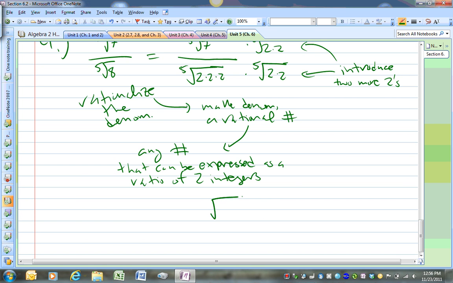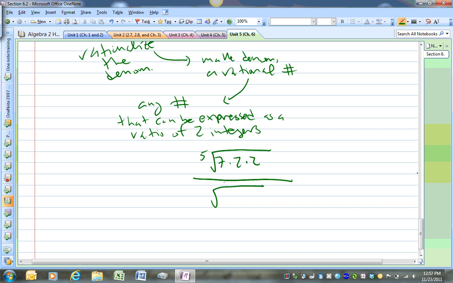You're going to have the fifth root of 7 times 2 times 2. On the bottom, we're going to have the fifth root of 2 to the fifth power, which just makes the bottom 2 now, and the top will be the fifth root of 7 times 2 times 2, which will be 28. So now you have that.